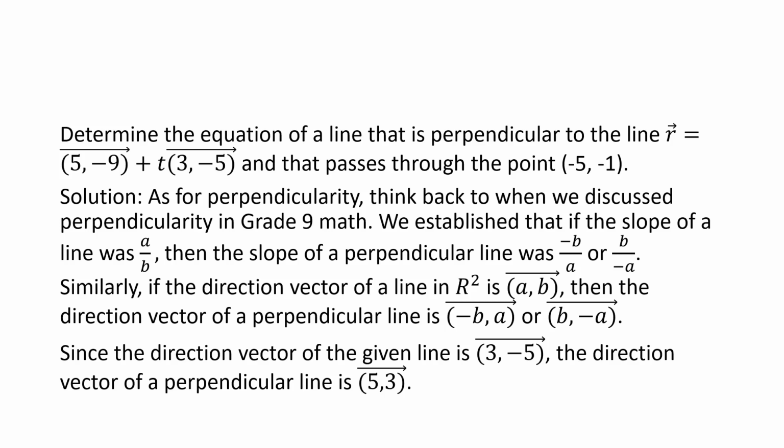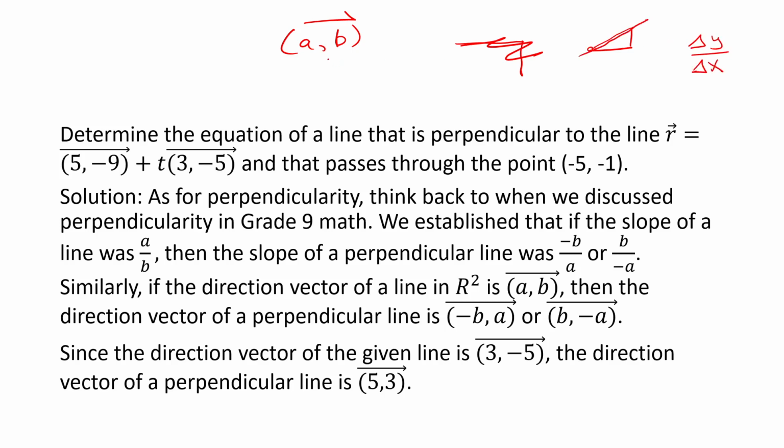Well, by extension, if you think about it, a direction vector is kind of like a slope, because if we have a, b, and just for a minute, let's imagine a and b are both positive, we're saying travel a units to the right and let's say b units up. That's kind of like giving a slope in a way. And slope is delta y over delta x.